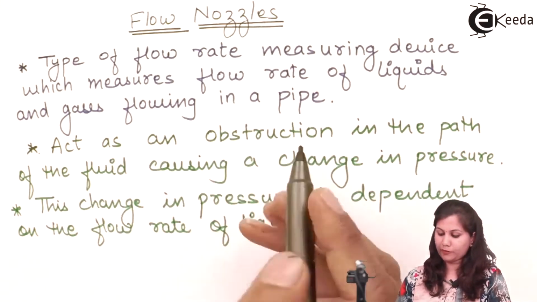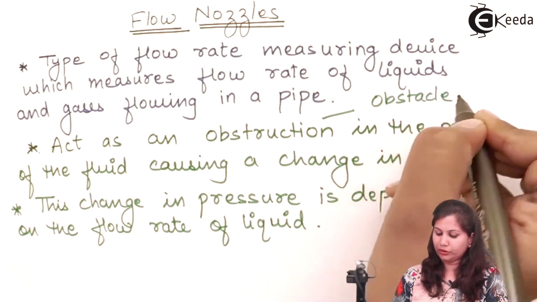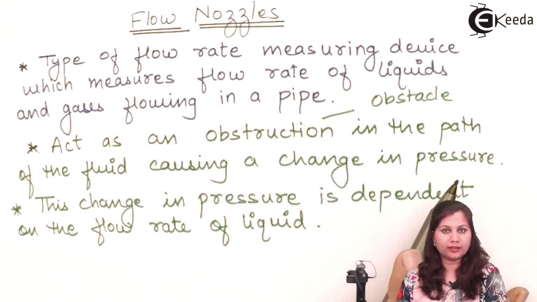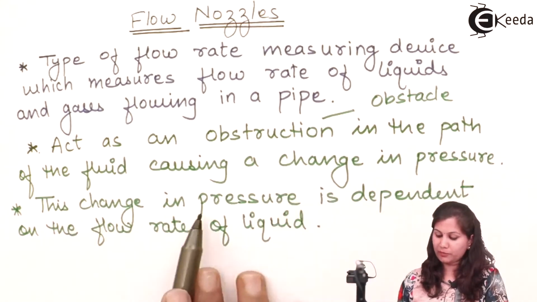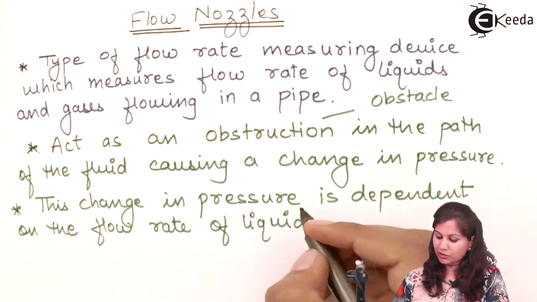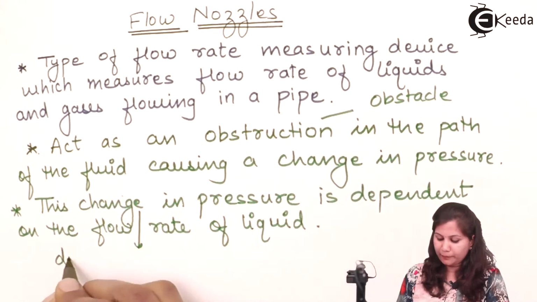It acts as an obstacle in the path of the fluid, and due to this obstruction there is a change in the pressure, and this change in pressure is dependent on the flow rate of the liquid. Now this change in pressure is measured with the help of a differential pressure sensor.